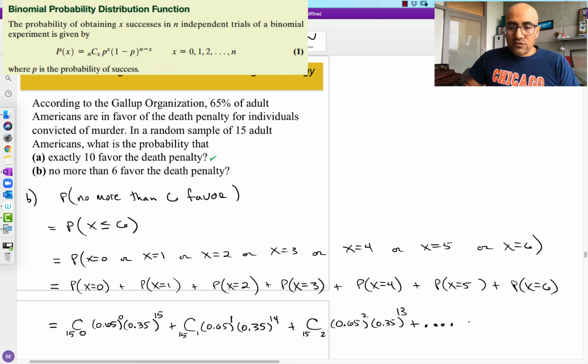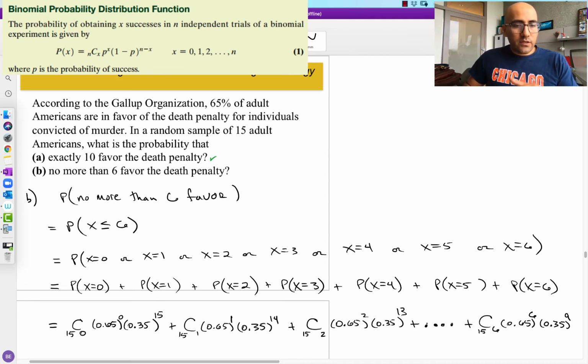And then the very last one over there, this one would be combinations of 15 choose 6, 0.65 to the power of 6, 6 successes, which means there must be 9 failures, 0.35 to the power of 9. Okay, so this is how we would get our answer using the formula. Lots of work.